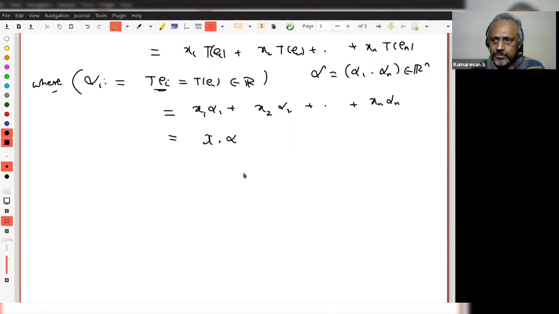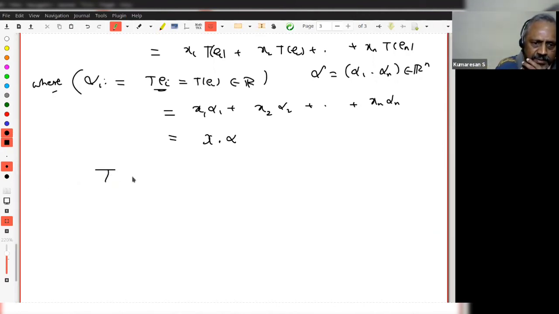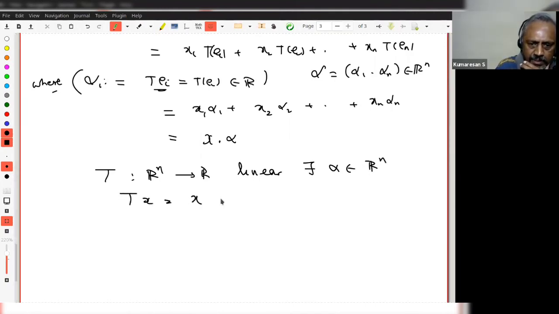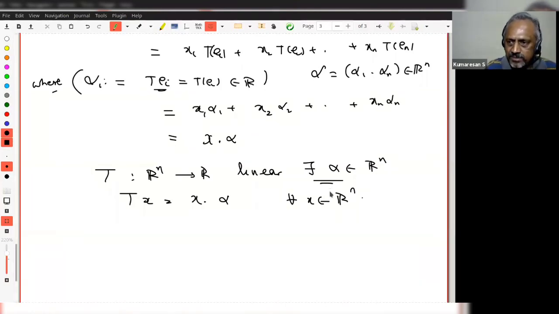So what do you think we have found? We have found out that if T is a linear map from Rn to R, there exists a vector alpha in Rn such that T of x equals x dot alpha for every x in Rn. Not only that, I also know this is not simply existence. I don't simply say, like God exists, that it exists. I can show you the God now.